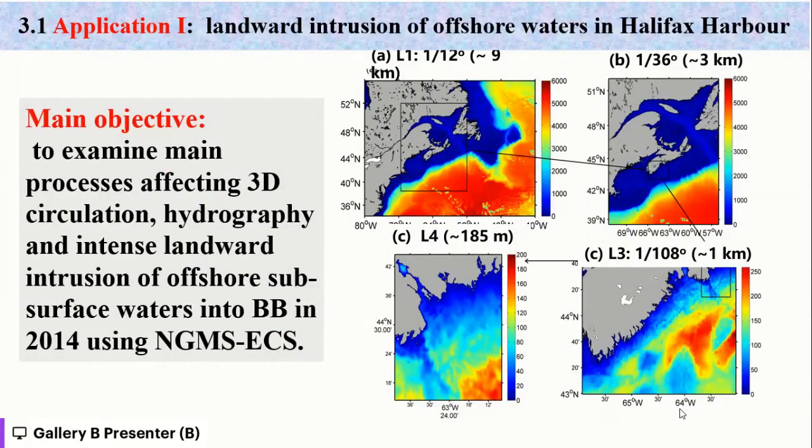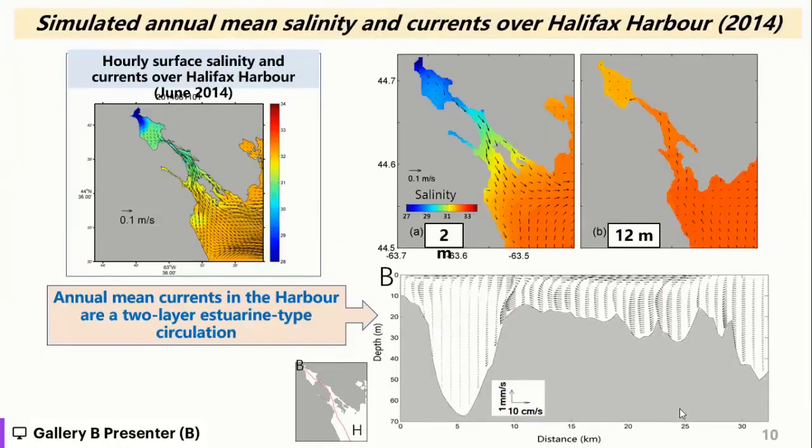The first example is Halifax Harbor. So in this example, we are using a 4-level nested grid system with Halifax Harbor included in the northwest corner of our innermost domain, which is shown in the bottom left panel. So Halifax Harbor is a big estuary with the Sackville River at its landward end being the main source of fresh water.